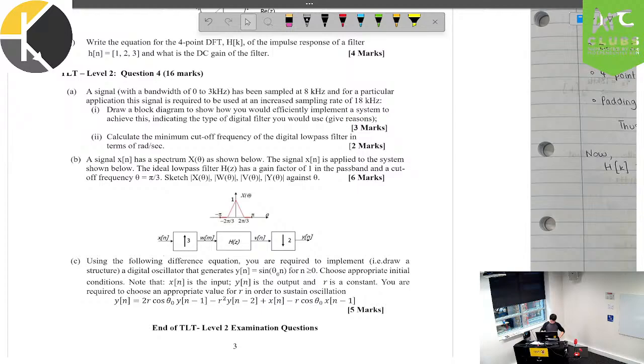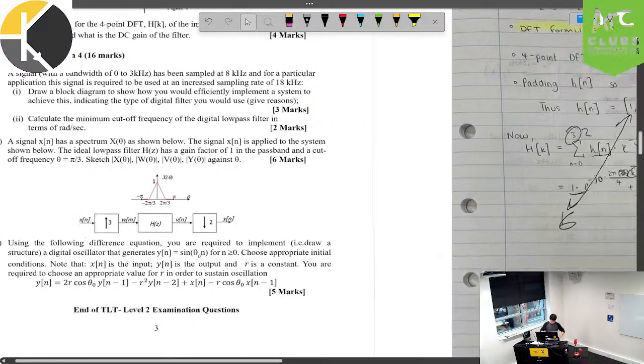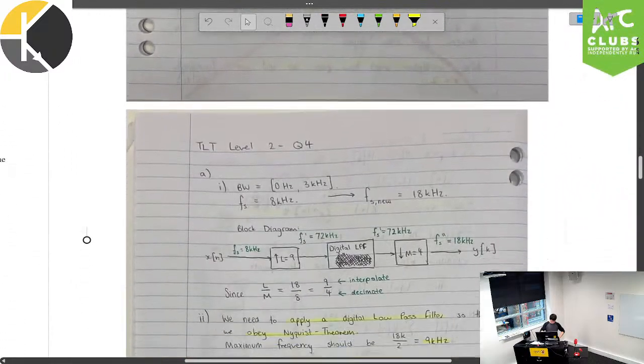And for a particular application of this signal, this signal is required to be used at an increased sampling rate of 18 kilohertz. Draw a block diagram to show how you would efficiently implement a system to achieve this, indicating the type of digital filter you would use, and give reasons. Wow, this sounds like something we were talking about before. Let's go ahead and take a gander.